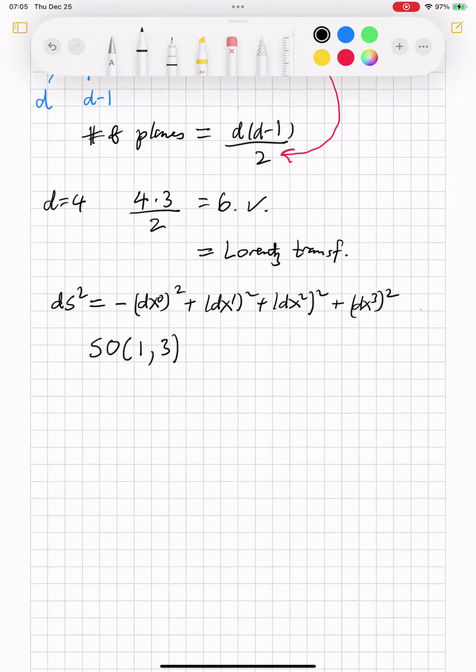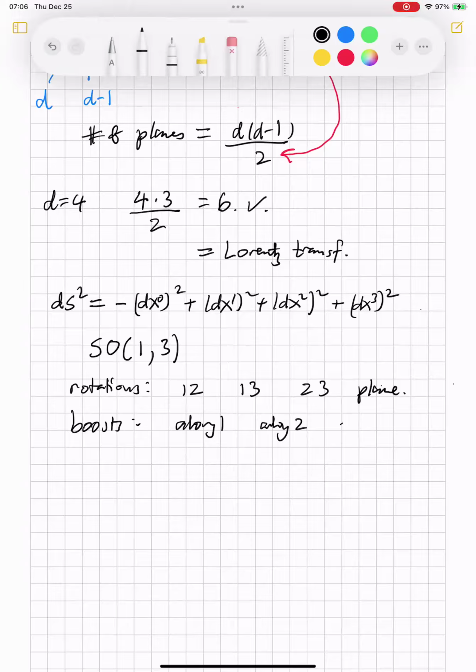Now, when you count the number of generators in SO(1,3), you're used to saying that there are rotations. You'll count rotations just like we did above. So you could do it in the 1-2 plane, in the 1-3 plane, or in the 2-3 plane. So this is like counting planes. But then when you count boosts, you're probably used to counting a boost along 1, or a boost along 2, or a boost along 3.